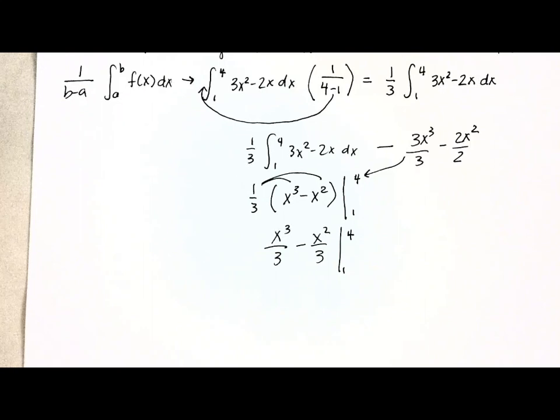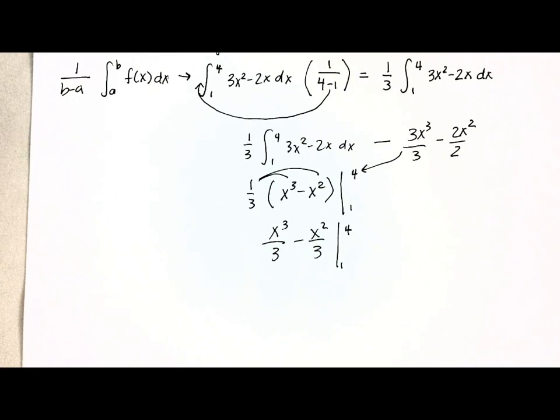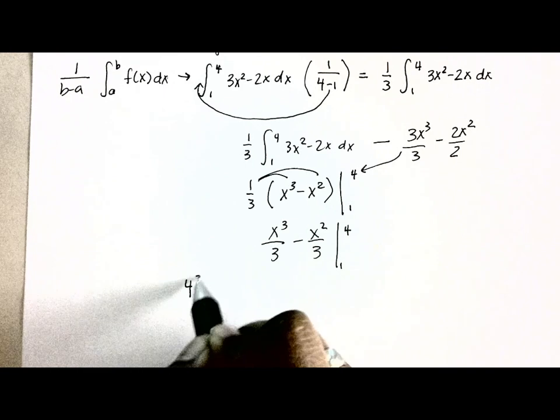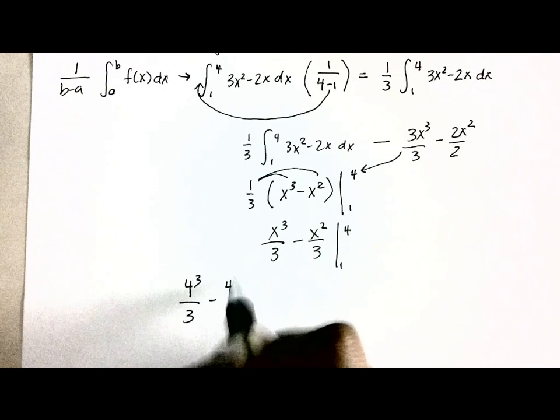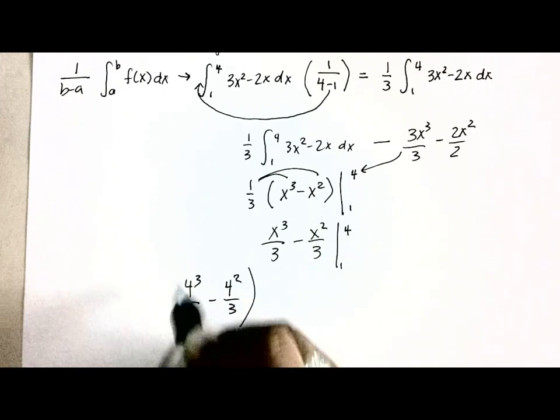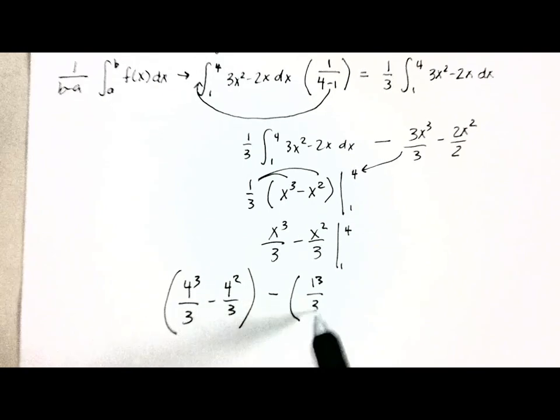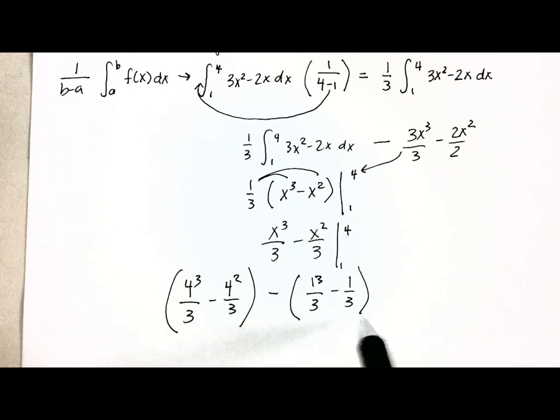There is no plus c. Remember yesterday plus c went away because we have limits now. Alright, here we go. 4 cubed over 3 minus 4 squared over 3 minus 1 cubed over 3 minus 1 over 3.